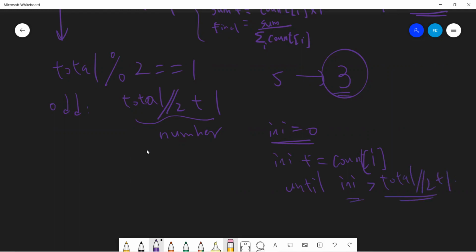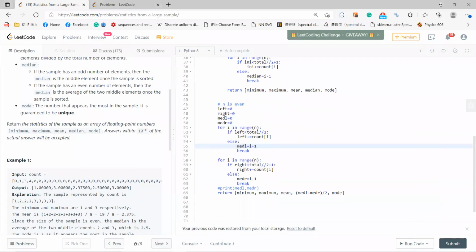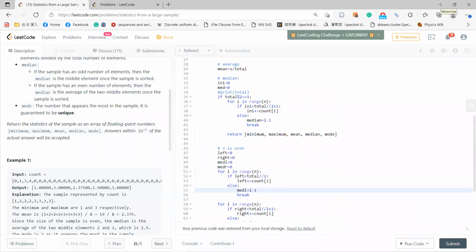Once it is greater than this, that means I found the answer, so the median will be just i. I initialize the median to be 0. If the total is odd, I go through while the running count is less than this, and I just add. Finally, I let the median be i minus 1, and I break.